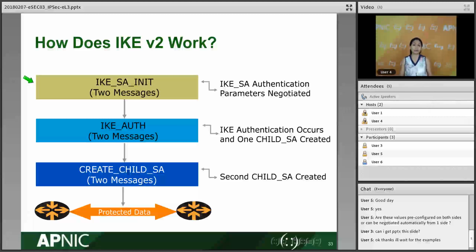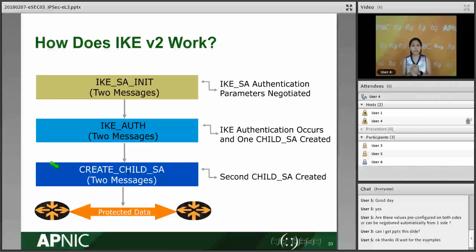It can be more, like in IKE version 1, if they have to negotiate a few times. But after that, during the authentication, you also create two messages. Usually, just after these two messages, you can already have your tunnel. The tunnel is already done. These ones are secondary ones.